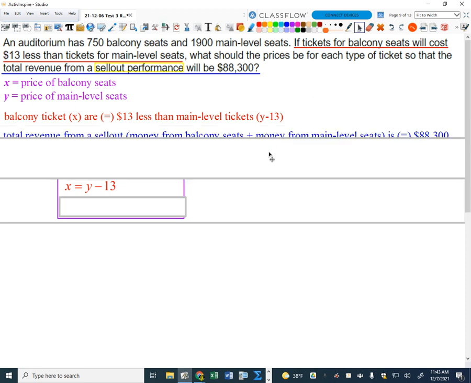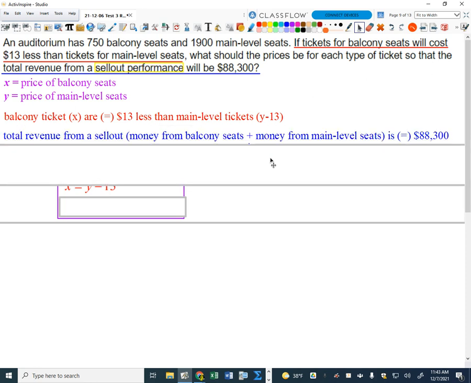What do you think? Ron, what do we got? 750x plus 1,900y would be equal to 88,300. Okay, good, right? So the total money from the balcony seats plus the total money from the main level seats has to equal 88,300.